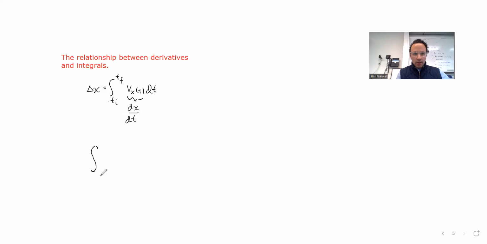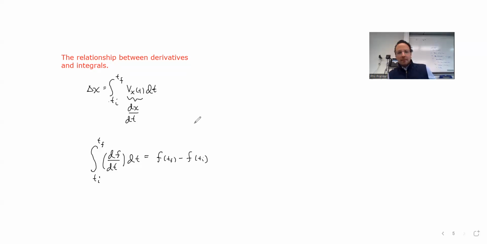The integral from t initial to t final of, I'll call it df dt with respect to t, is equal to f evaluated at t final minus f evaluated at t initial.